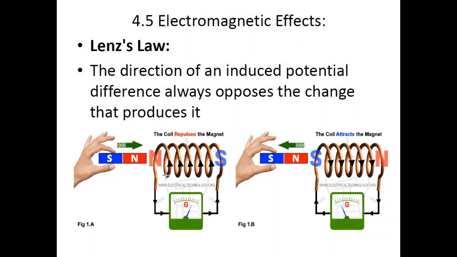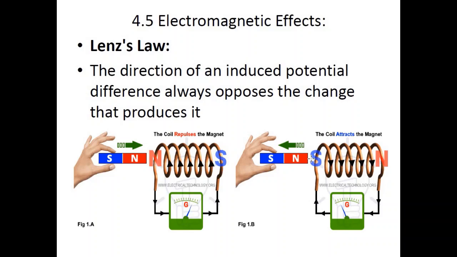As you can see, right now the field lines are going in that direction, and now they are going in this direction, and now that it becomes a south pole, it is going to attract the bar magnet. So basically, whenever a current, an EMF, a potential difference is induced into a coil or a conductor, it would always be in such a direction that it is going to oppose the source that created it.